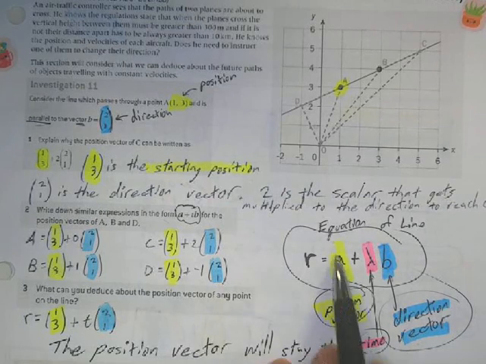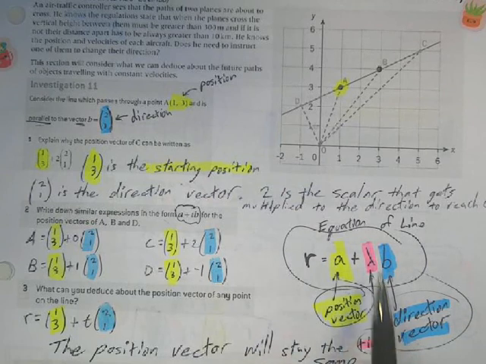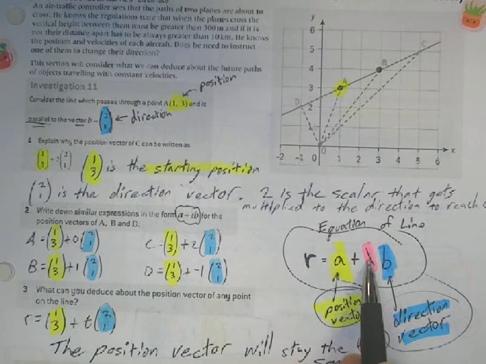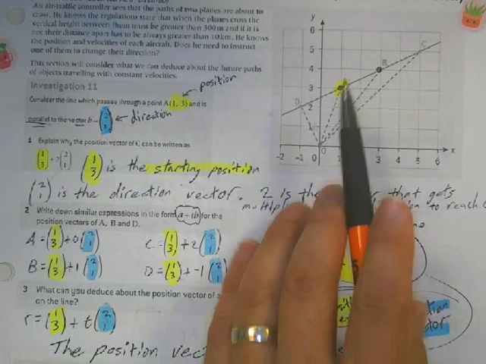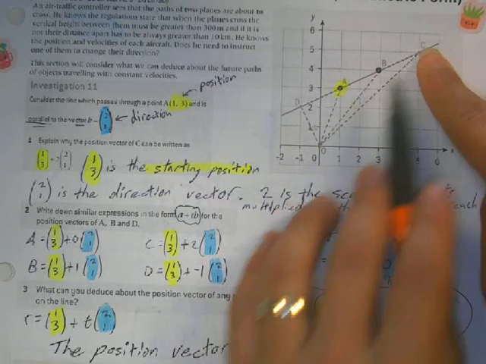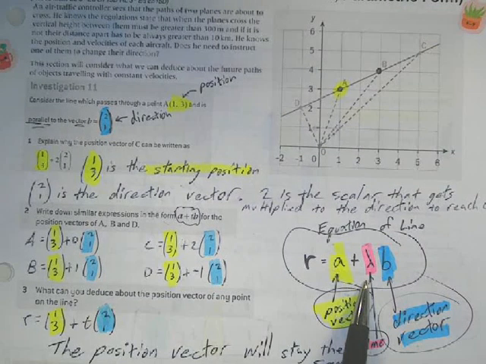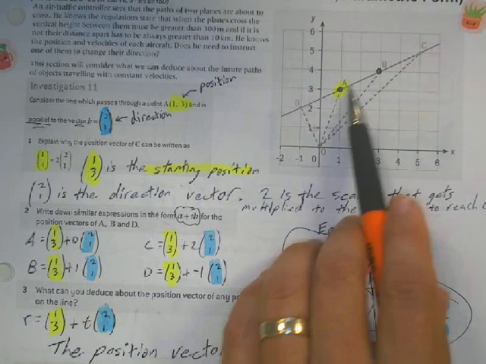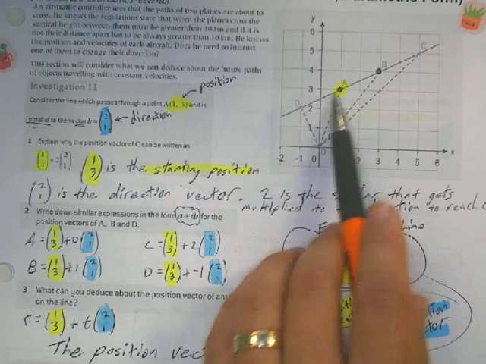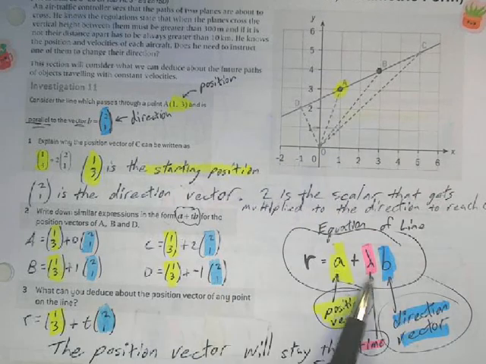So we've got our position vector where we start off, plus our time parameter, and then our direction vector. We multiply our scalar, which is time, times our direction vector, which changes the length and where we are on the line based on the time. As time moves on, we move further or closer to A based on this value here.